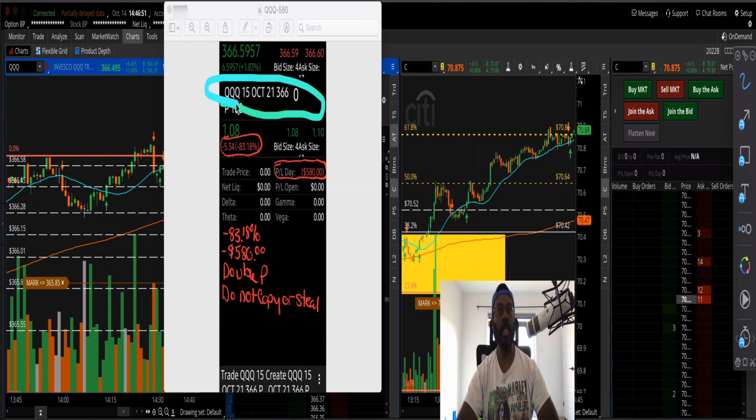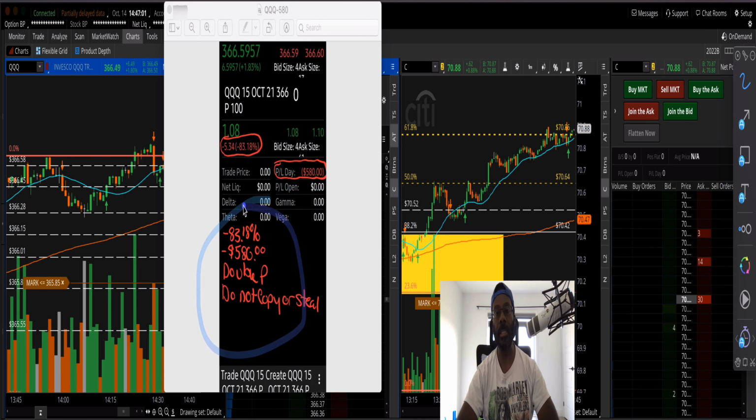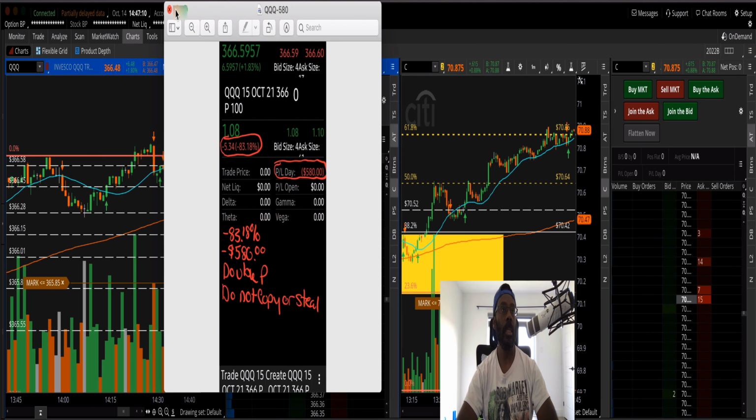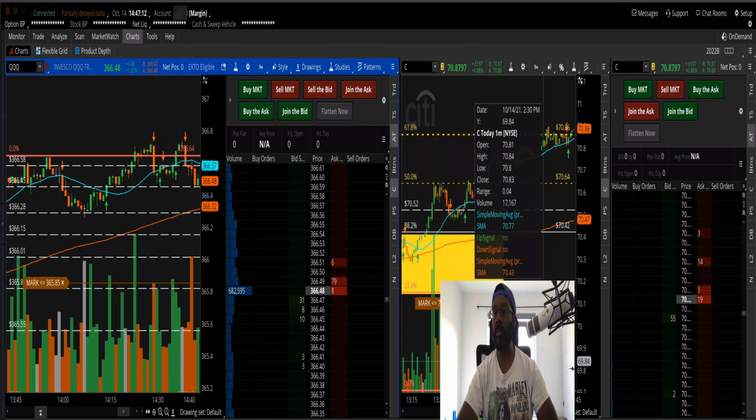QQQ, I took the October 15, 21, 366 puts, and I lost 580 bucks, minus 83.18% on that option drop. So that was the first loss, and as you can see that right up there, you can see it on the left hand side.